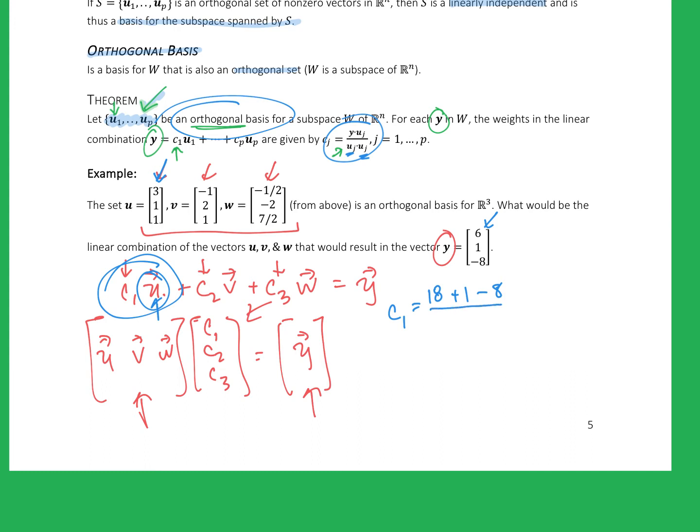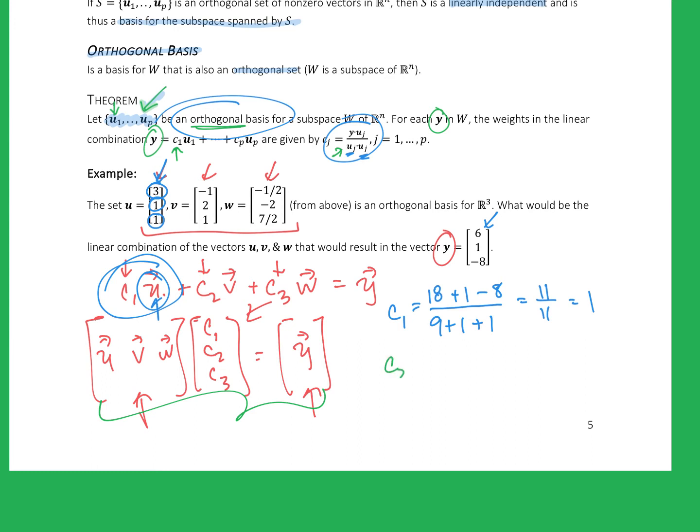Divided by u dotted with itself, which really just means I'm going to square each of these things. So I get 9 plus 1 plus 1, and I get 11 over 11, which is 1. Now, up to you whether you think this process is faster or slower than the augmented matrix process. Might be, might not be. Depends on how much you like your arithmetic skills.